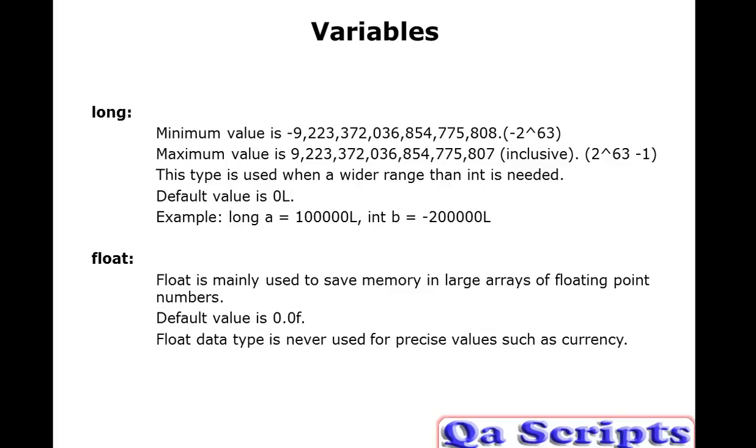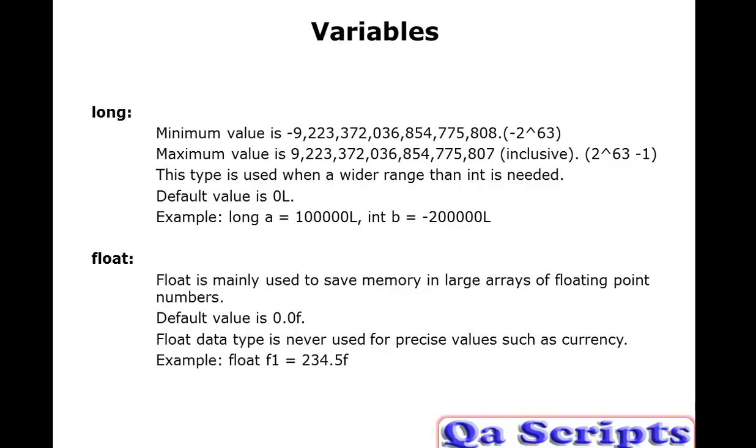Float data type is never used for precise values such as currency. In case of currency we need to give whole numbers. That's why whenever you get a chance to assign a currency, don't use float. Instead use other data types such as int, short, long, something like that.